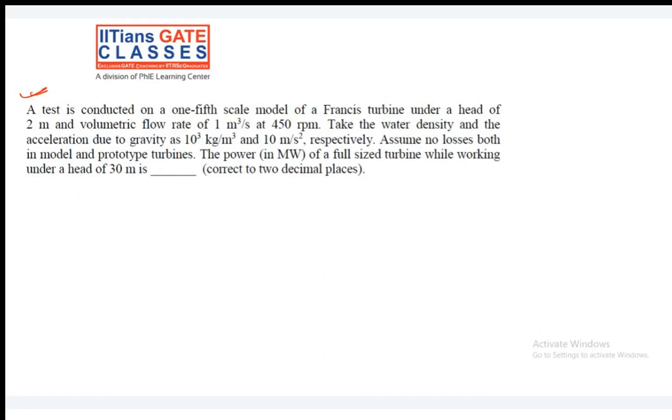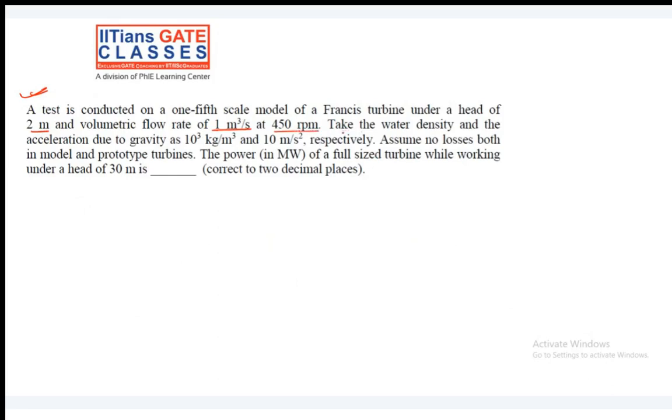It says that a test is conducted on a 1/5 scale model of a Francis turbine under a head of 2 meter and volumetric flow of 1 meter cube per second at 450 rpm.